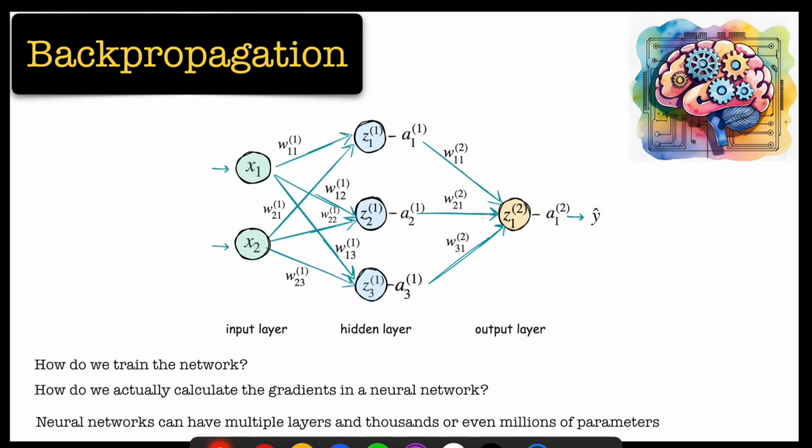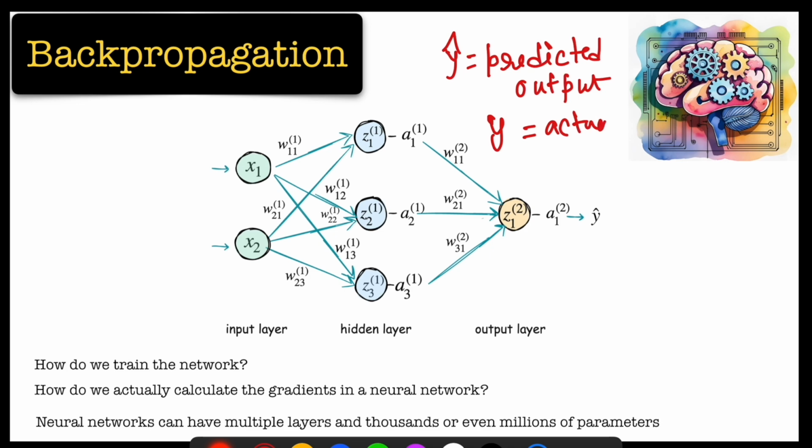So y hat is the predicted output, and also we'll have y, which will be the actual output. If we compare this actual output and the predicted output, we'll get some error. So that will be the error.